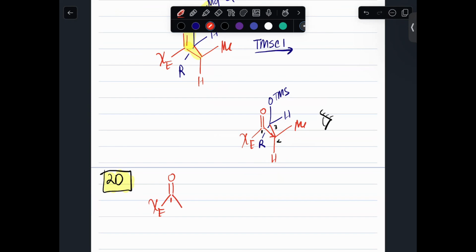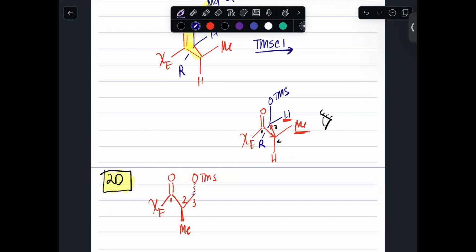It goes down. There's carbon 2. Please notice that the methyl group is coming out and poking me in the eye. So my methyl group is wedged. I then go up. So my carbon 3 is up. Again, notice how the hydrogen and the methyl group are on the same face, which means that the hydrogen is also wedged. And my OTMS group is dashed.